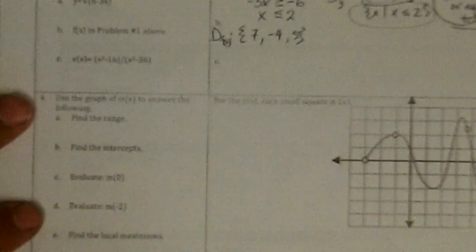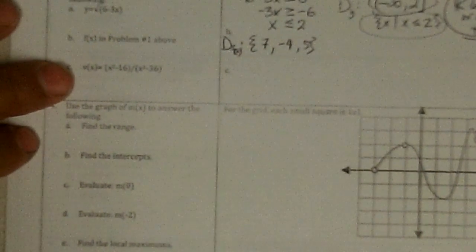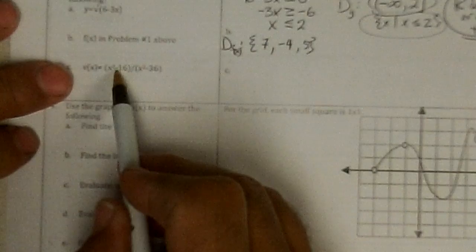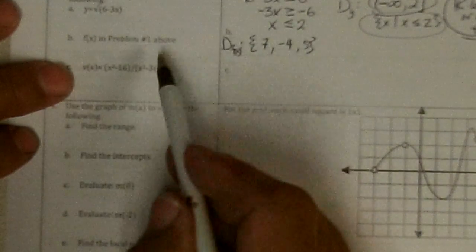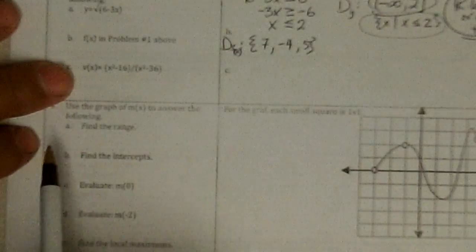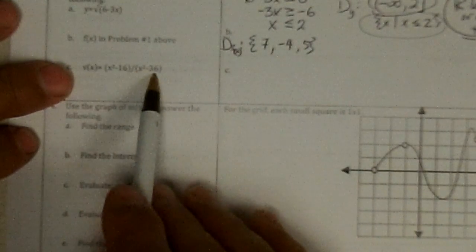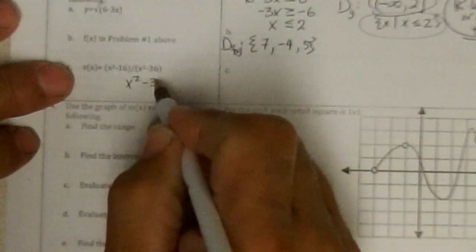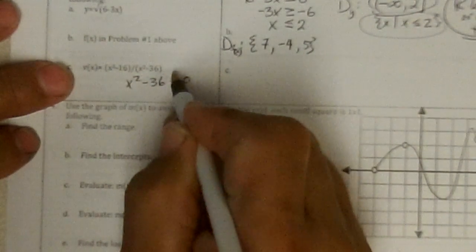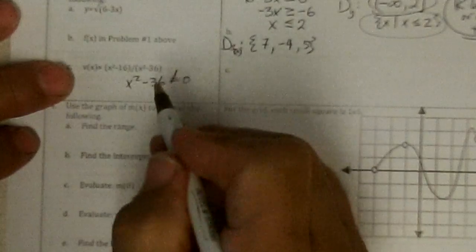And then for v of x, so we have x squared minus 16 over x squared minus 36. Well, I have division, and the only thing that would cause problem is division by 0, so I don't want x squared minus 36 to equal 0. I don't want it to do that.